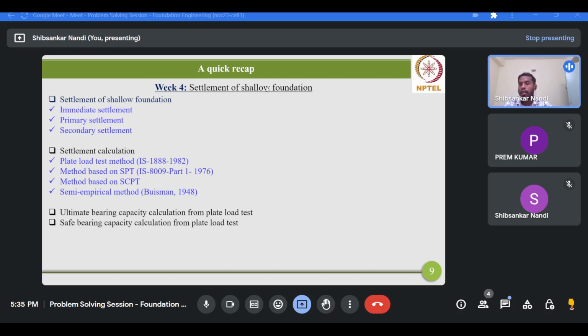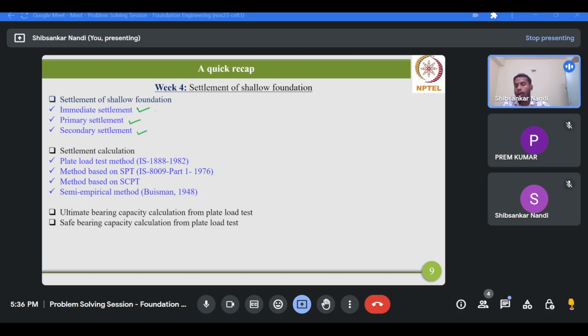Rather than saying it's of 3 types, it is better to say the settlement consists of 3 components. First, immediate settlement or elastic settlement, then primary settlement, and third, secondary settlement.